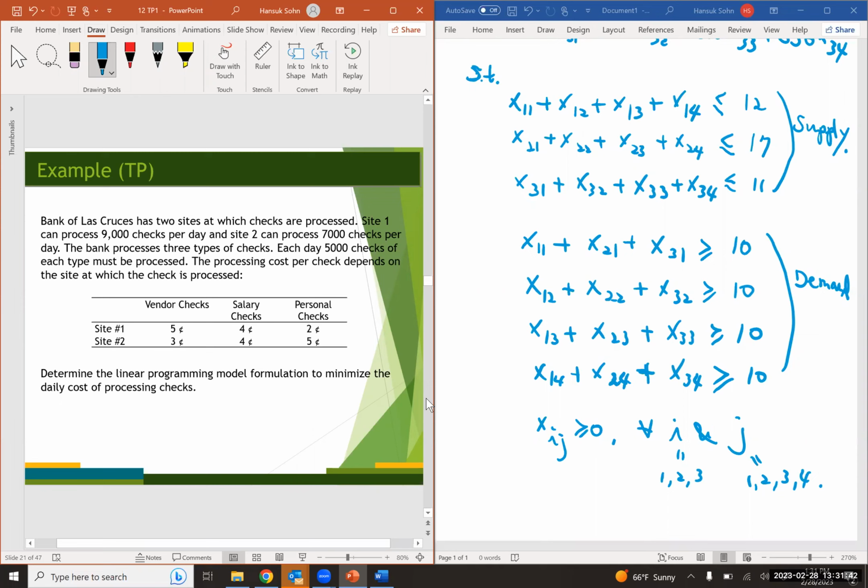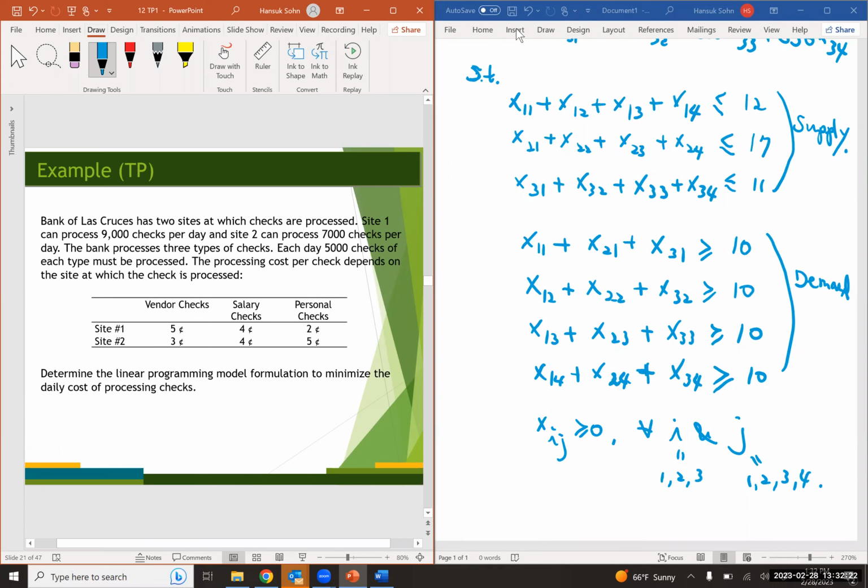The bank processes 3 types of checks, and each day 5,000 checks of each type must be processed. And the processing cost per check depends on the site at which the check is processed. The processing costs are summarized in this table. And we are required to determine the linear programming model that can be used to minimize the daily cost of processing the checks, okay?